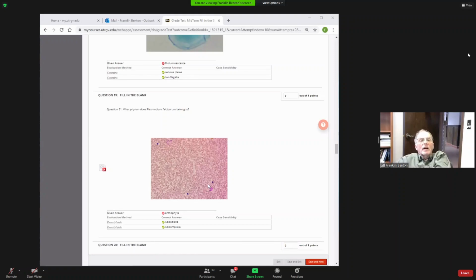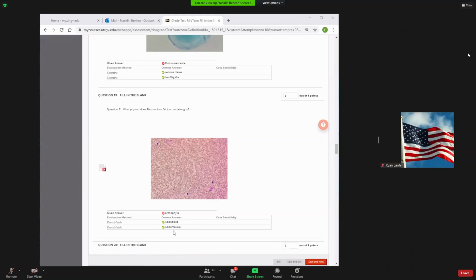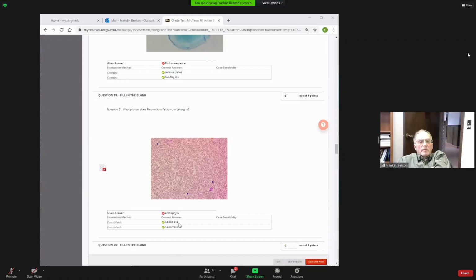Okay. What phylum does Plasmodium falciparum belong to? Here's where we had a problem. In your spelling, they misspelled it where there's an M. It's supposed to be Apicomplexa, but they caught it, and so they put both here.